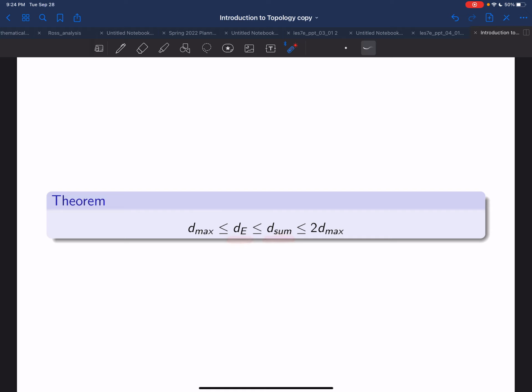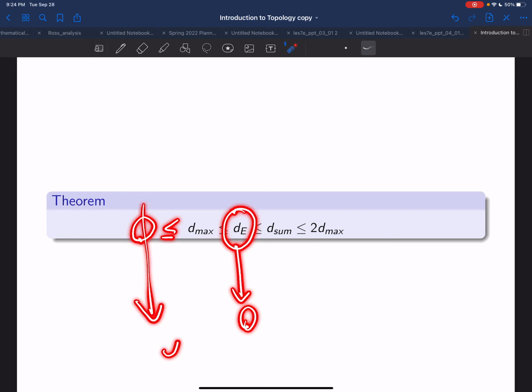Okay? And now what if it's converging to 0 with respect to the Euclidean metric? Well, that means this is going to 0. But remember, the max metric is always greater than or equal to 0. So again, we can apply squeeze to conclude that our distance has to converge to 0 in the max metric.